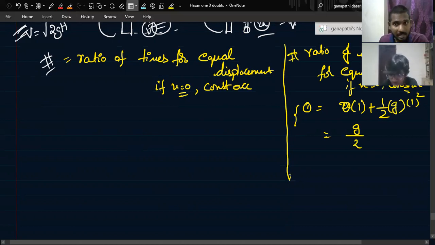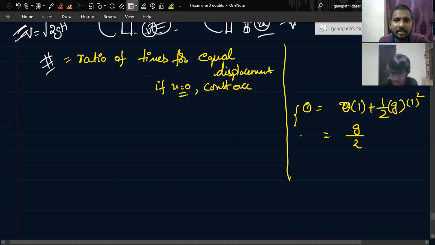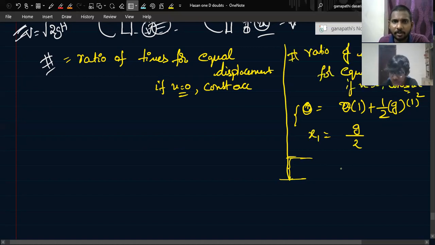Now, in the second second, that means after 1 second, another second of time. The distance traveled in 2 seconds minus the distance traveled in 1 second. Is it okay? The distance traveled in 1 second is x1 equal to g by 2.